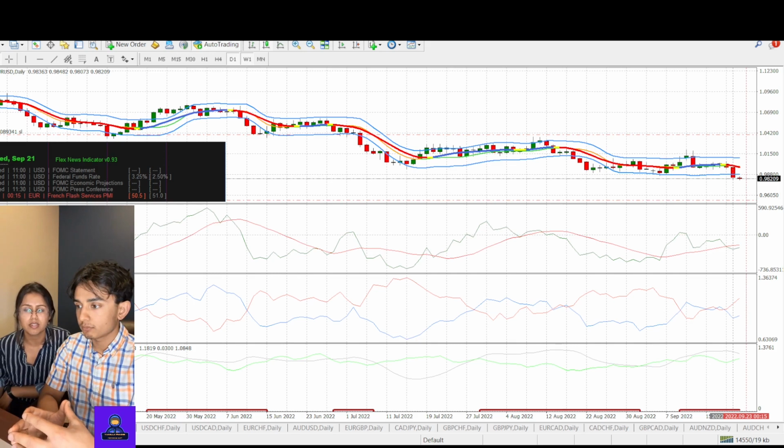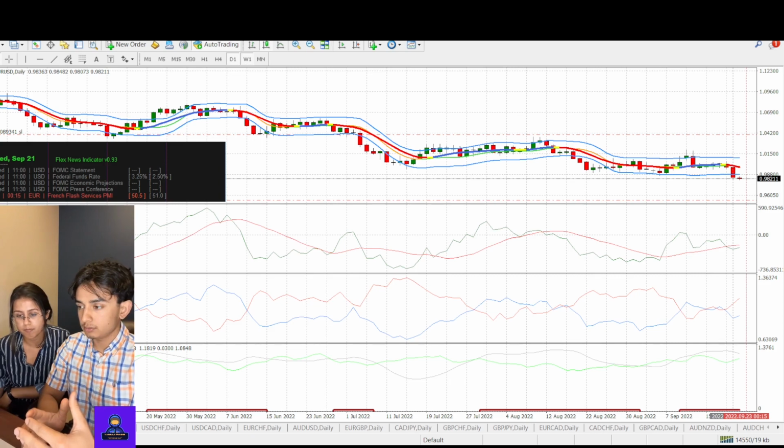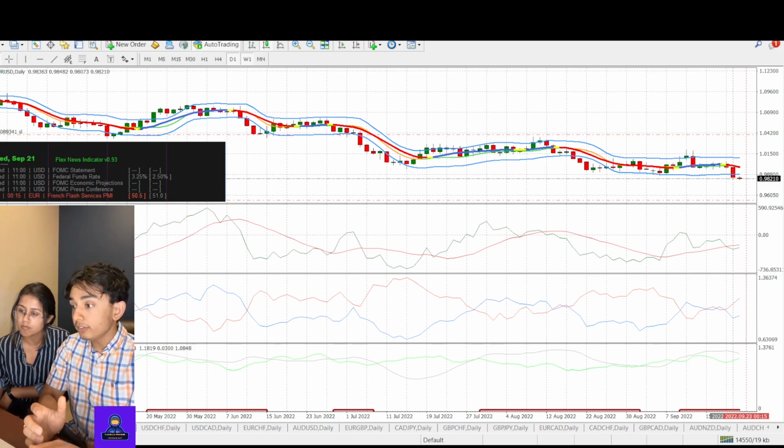But if you're going down, aren't you getting into a loss position? If the price goes down and you opened a long position, you would get into a loss. But because you're entering a short position, meaning you think price is going to go down, if price does go down, you're going to enter a profit.